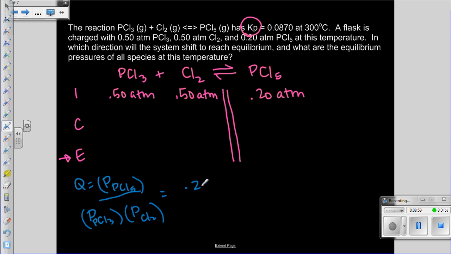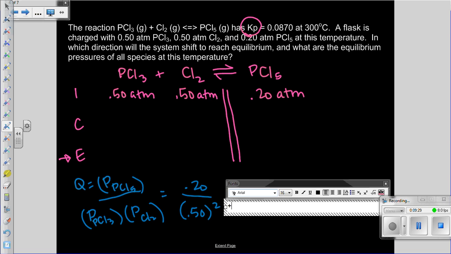So 0.20 divided by, these two are the same, so I'm just going to do 0.50 and square that. Then I do my math. So I have 0.2 divided by the quantity 0.5 squared, and I get 0.80.